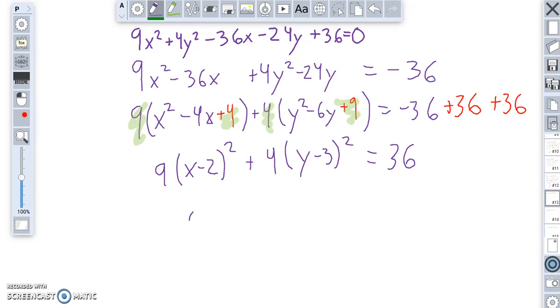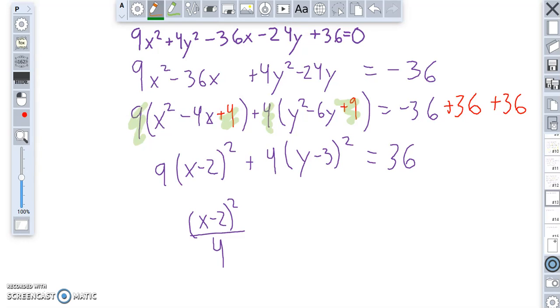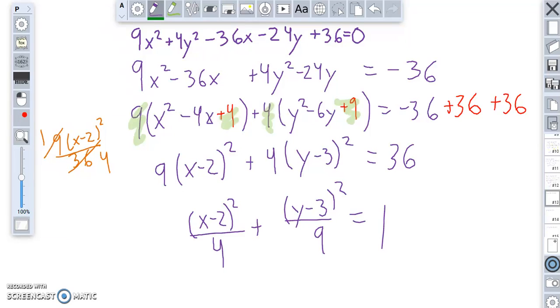Divide by 36. I did that kind of quickly, so I'll show what I did. When I divide by 36, 9 over 36 turns into 1 over 4. So I got x minus 2 squared over 4, plus this one is going to be over 9, and this equals 1.